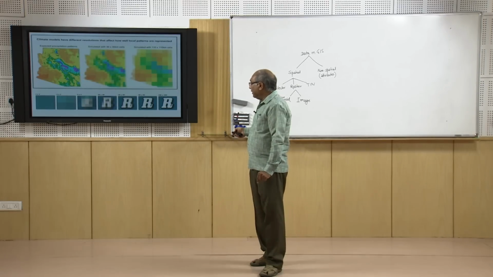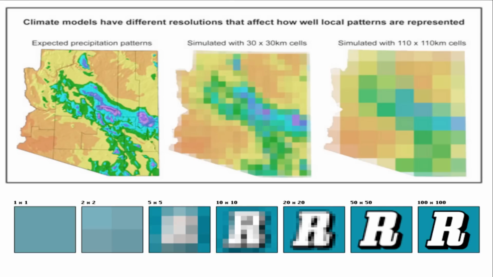Same thing here: this is 1 by 1, that means there is no differentiation, only 1 pixel. Whereas here it is 2 by 2, that means there are a total of 4 pixels, all with different colors, but we cannot make out what is written there or what object is within these 4 pixels.